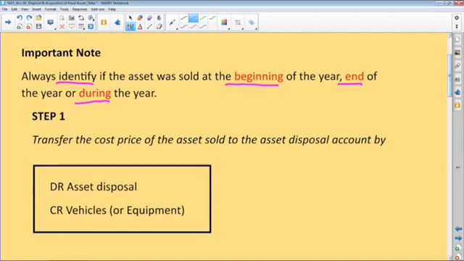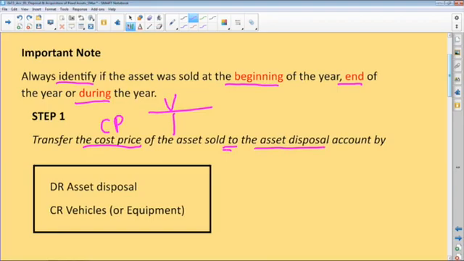Okay, right, let's look at step 1. Step 1 wants me to transfer the cost price, which we spoke about earlier. Transfer meaning I'm taking it out of either vehicles or equipment. Let's assume that's the vehicles account. So I'm transferring the cost price from my vehicles account to a new account called asset disposal.